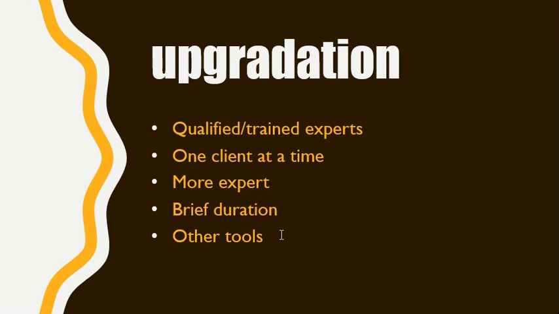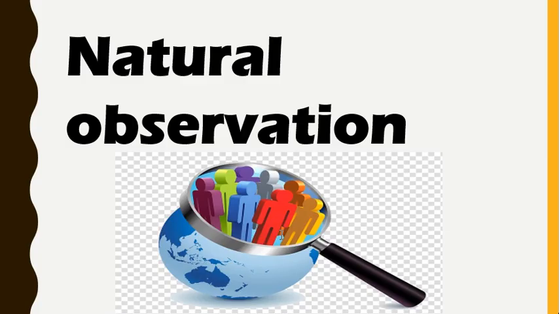The observation method involves three types of observation: introspection, external observation, and now comes the third method, that is natural observation. What is natural observation?